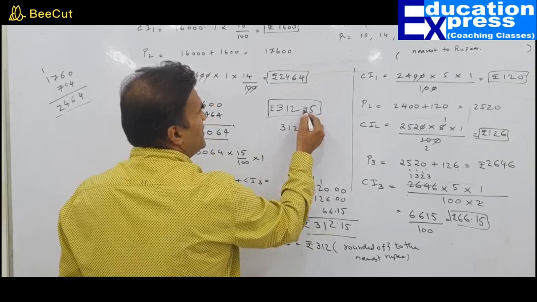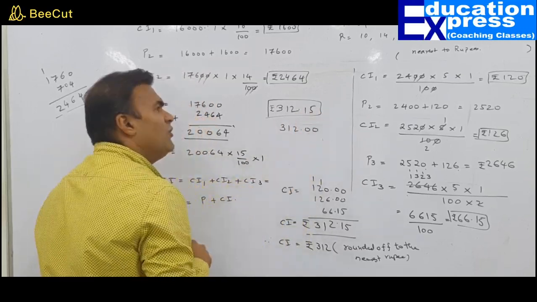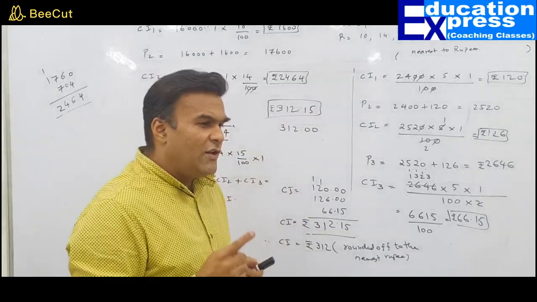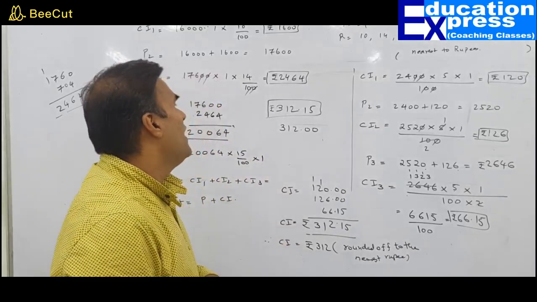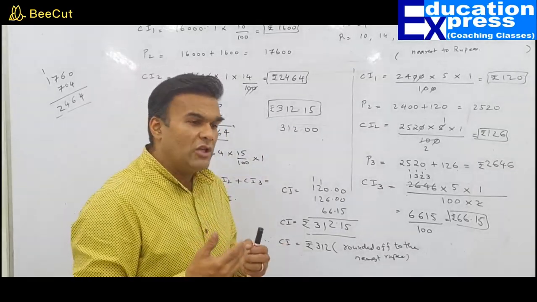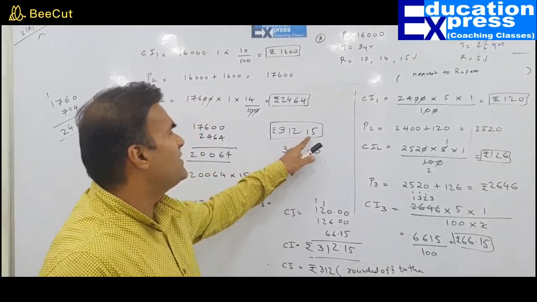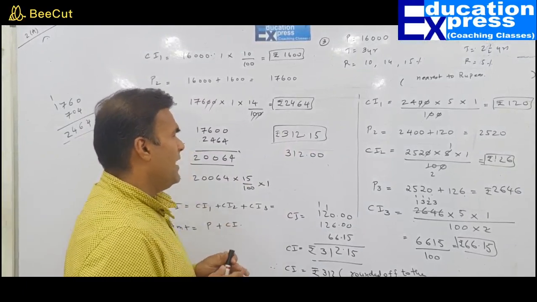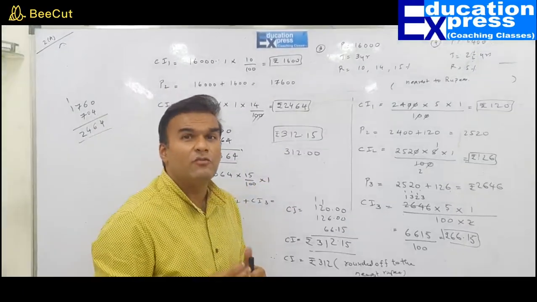If this had been 75 paise, my answer would be 313. So in case the interest was 312.50 or more than 50 paise, I would have rounded up to 313. Since it is 312 rupees and 15 paise, my answer would be 312 rupees. With this, we finished question number 4.